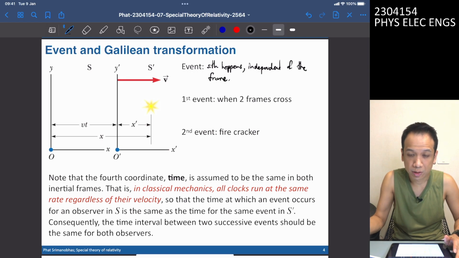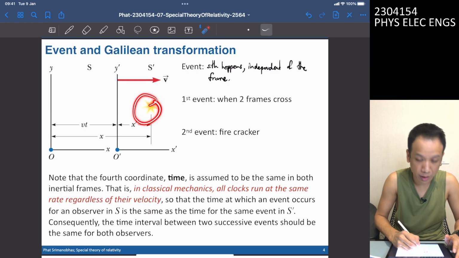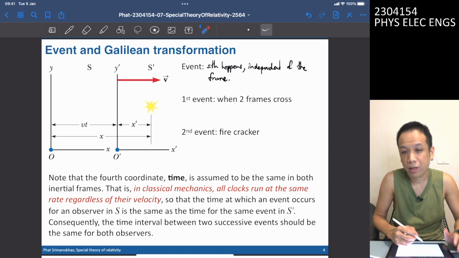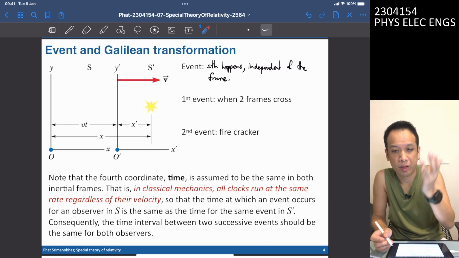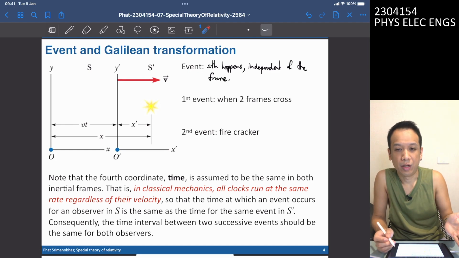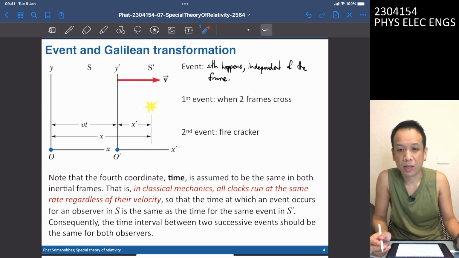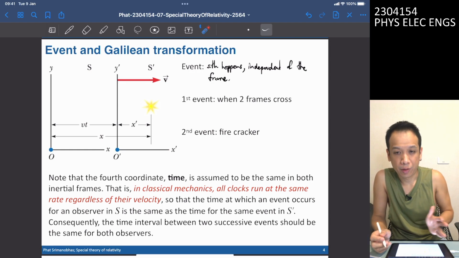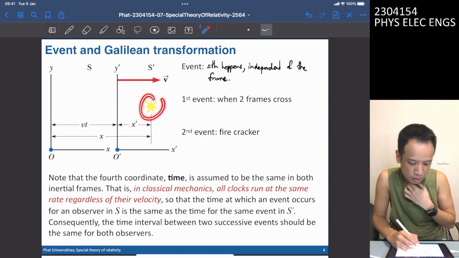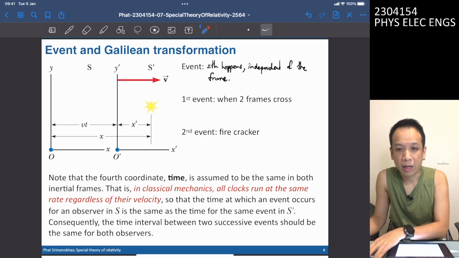So that's an event. You see it from the boat, you see it on the car, you see it on the plane, you see it when you're at home, you see it when you're walking. It's just one event, right? You can have different frames to describe it. So that is what we call an event, something that happened and it's independent of the frames.